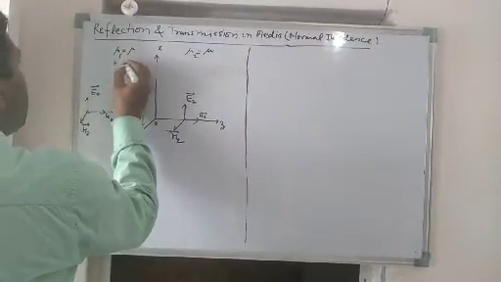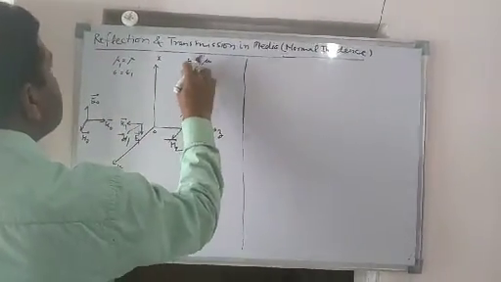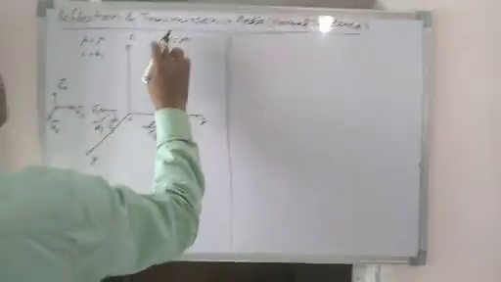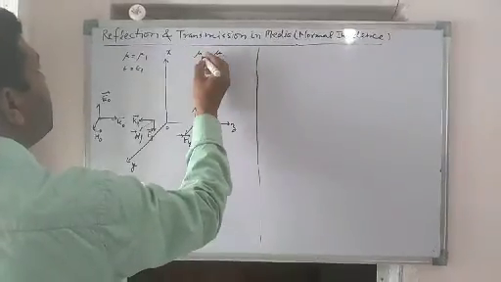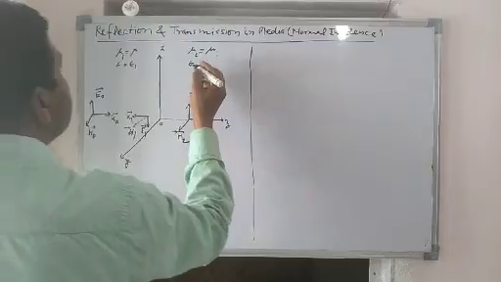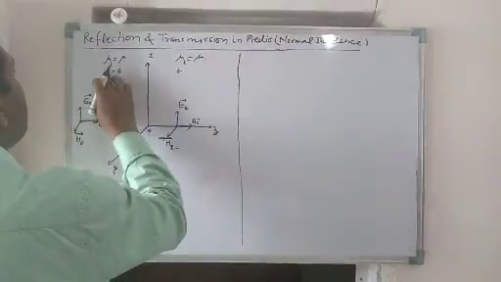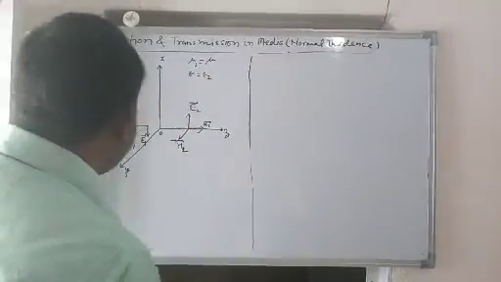We could assume that epsilon is epsilon1 over here, and in this case, mu remains the same. Say mu1 is mu, and mu2 is mu. Epsilon is epsilon1 here, and epsilon is epsilon2 over here.